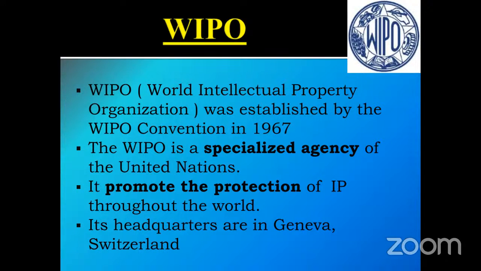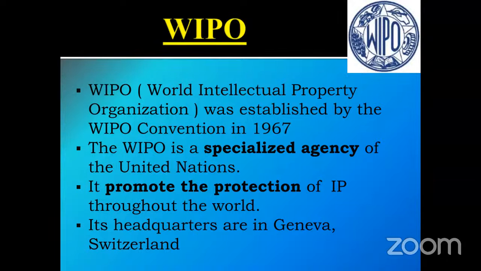So this World Intellectual Property Organization, which has its headquarters in Geneva, Switzerland, controls, monitors and regulates all the trade worldwide. If there is a violation of this trade in the form of intellectual properties like trademark, trade secret, copyright, patent, then there will be a punishment.